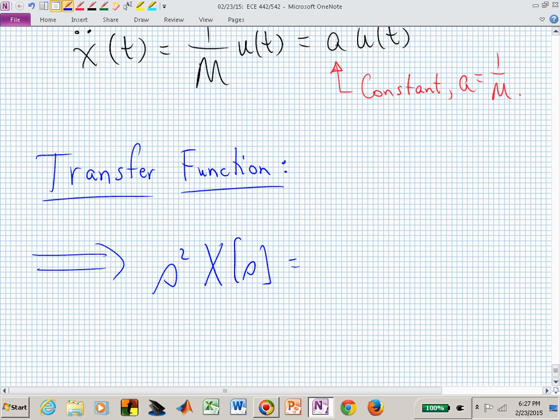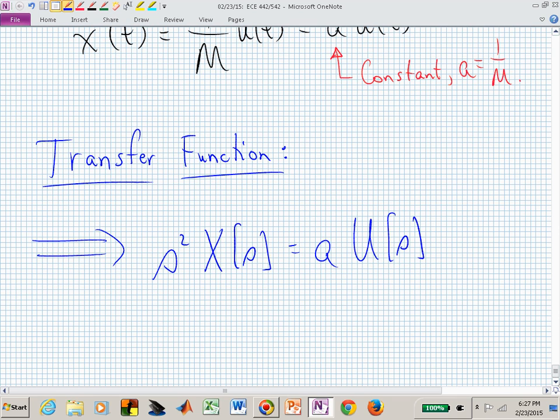And the right-hand side is so easy, it's hard. The a is a constant. That factors out of the Laplace transform. We have the Laplace transform of little u of t, which is some generic input. We don't know what it is, but we do know that that will just be called capital U of s.